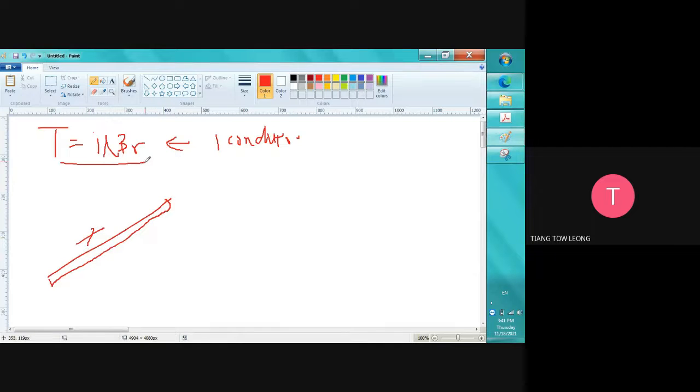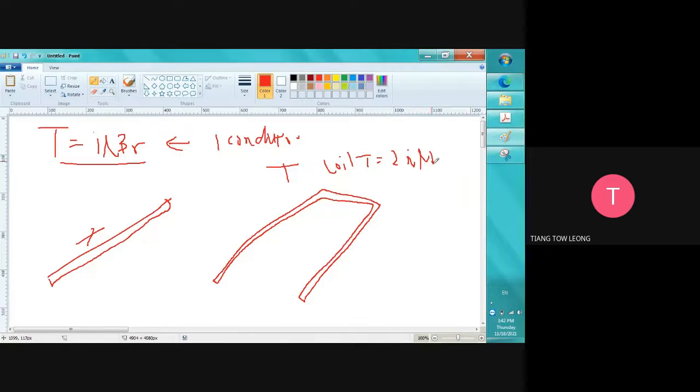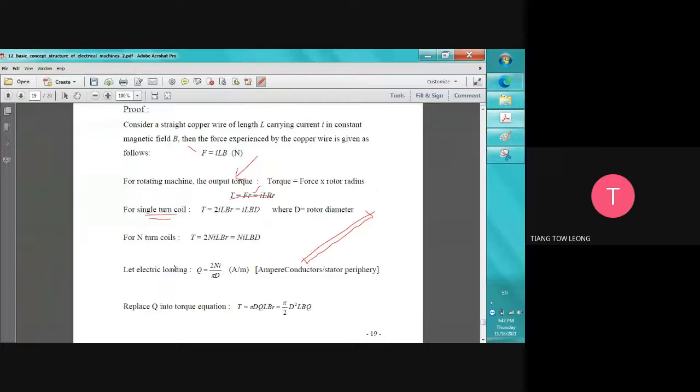If we want a coil, the coil goes in and then goes out, like this. For the motor, it goes in and goes out, so the torque becomes twice ILBR, which is here.